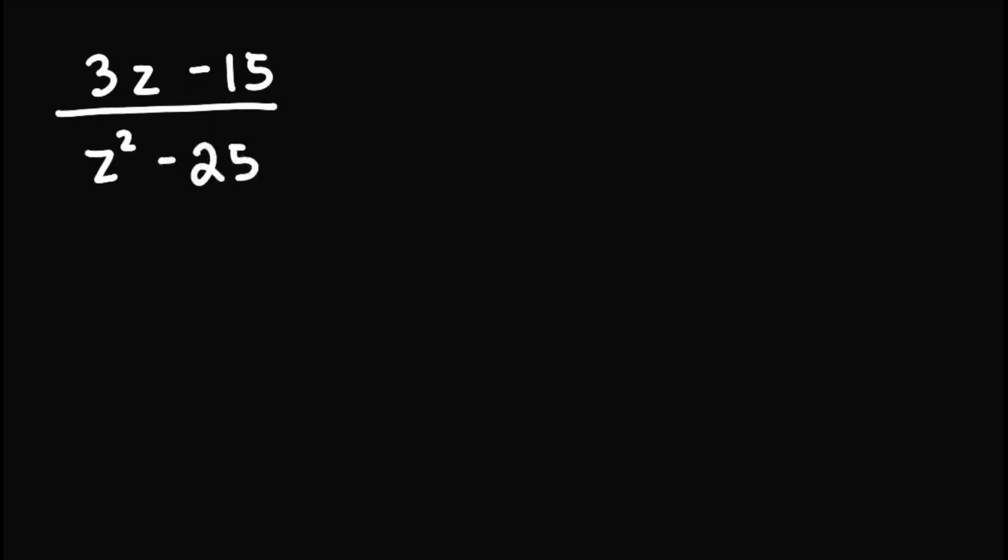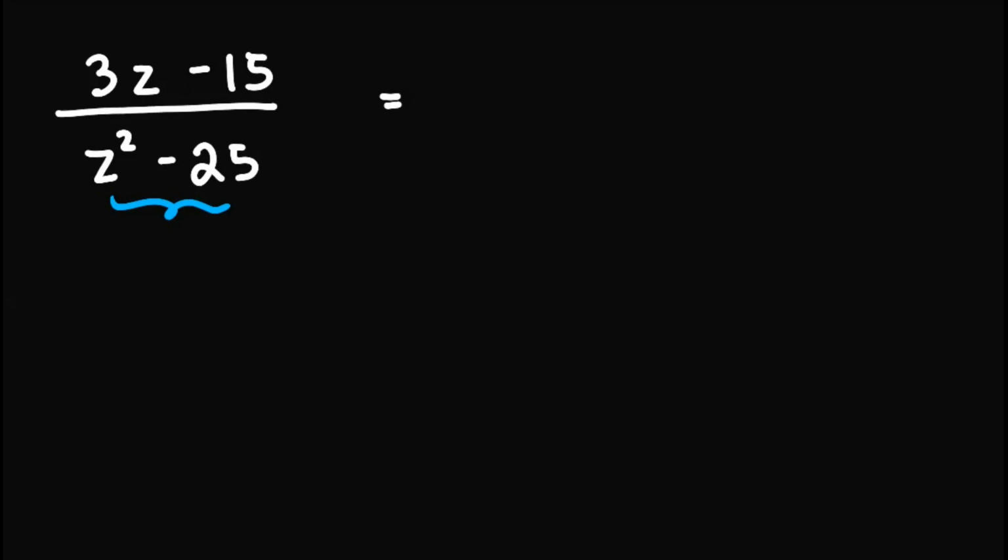Let's have this next example. Let's have 3z minus 15 over z squared minus 25. Now first, again, our goal is to make this denominator in linear factors, so we can easily determine what values will make it 0.